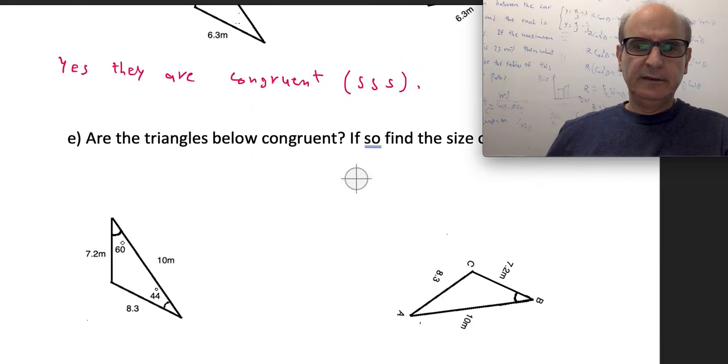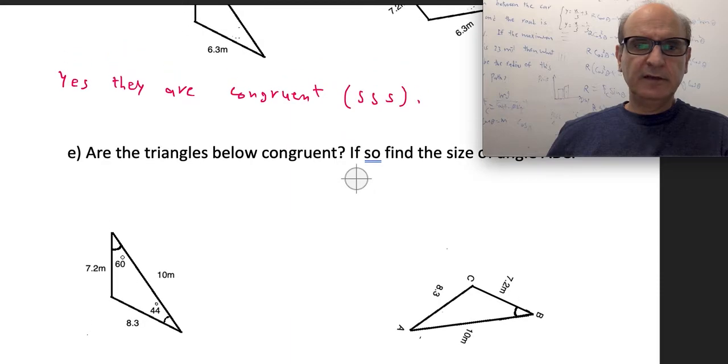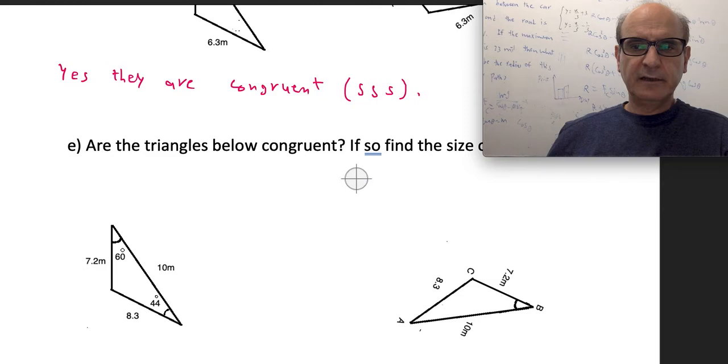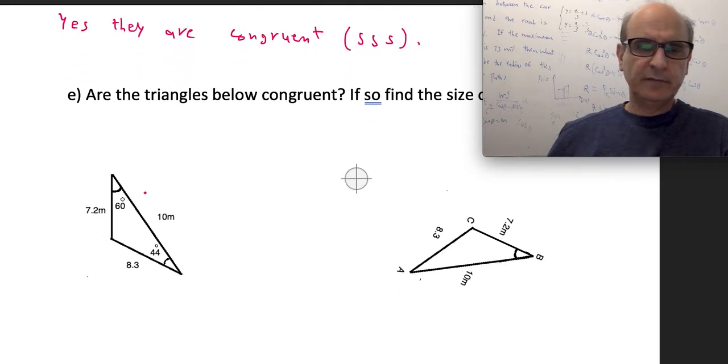And in this one, are the triangles below congruent? If so, find the size of angle ABC. Okay, let's look at these triangles. So this side is 7.2, this side is 7.2, this side is 10 meters, this side is 10 meters, this side is 8.3, this side is 8.3.